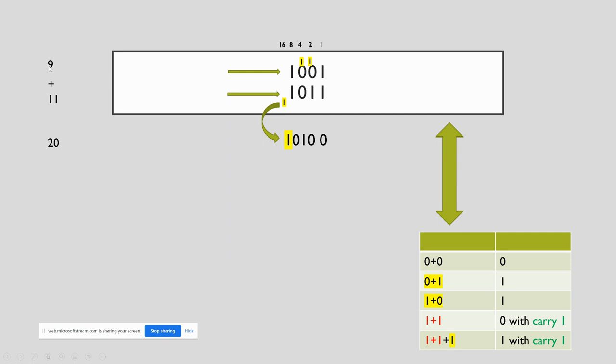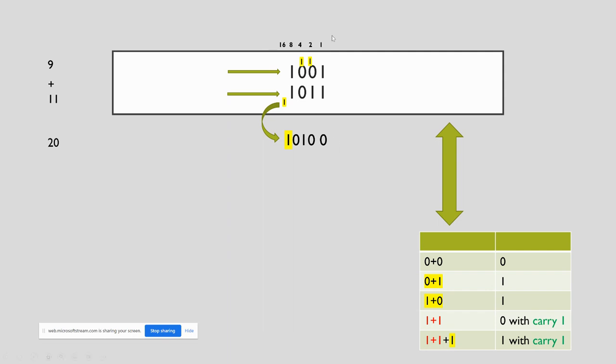So let's have a look at this example, 9 and 11. 9 is 1, 0, 0, 1. 11 is 1, 0, 1, 1, because 11 is 8, 0, and then 2, so 8 plus 2 is 10, plus 1 is 11. That's why we put zeros here. And we know 20 is 1, 0, 1, 0, 0, because 20 is more than 16 and less than 32. So that's 4 left, and then that's the 4. Everything else goes into zeros.